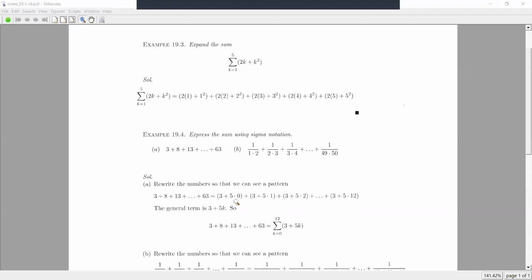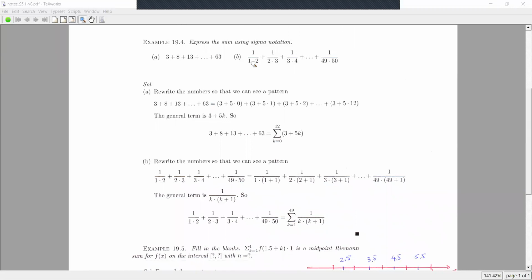When k is 0, first term. When k is 1, second term. When k is 12, the last term. So this long sum is summation, sigma notation, summation of the general term with k going from 0 to 12. This is the answer.